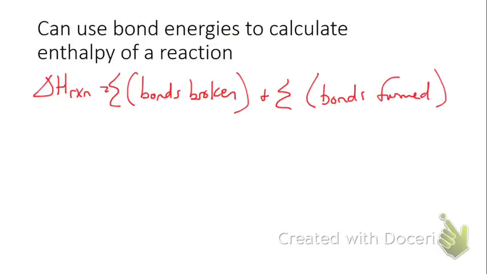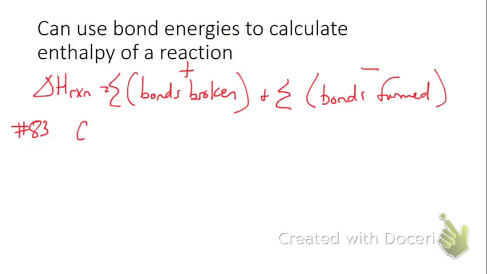So I will tell you, this number will always be positive, this number will always be negative. So, let's look at a reaction, number 83 in your book, to see how we can use this math to calculate delta H of the reaction.